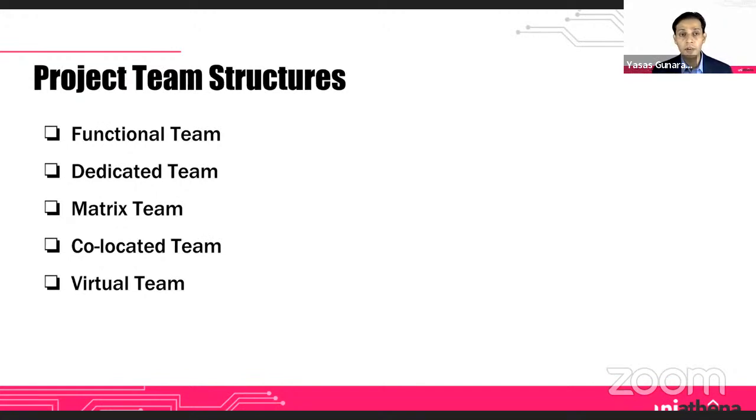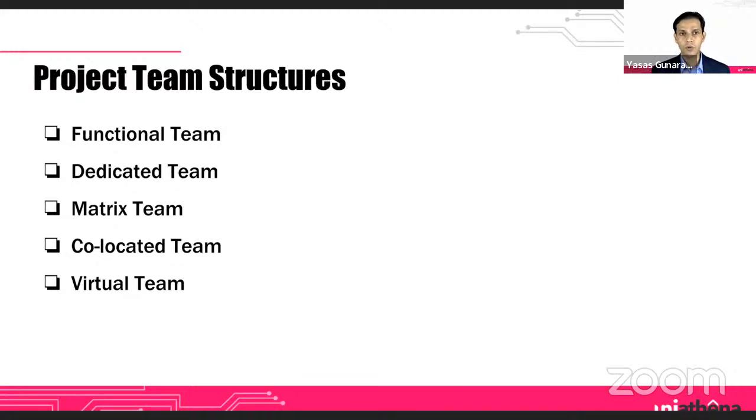For example, you may have a functional team in construction. If it's a construction project, when it comes to structural construction, you may have a functional team who would handle it. Once the structural construction is done, their requirement of being in the project is no more, so they move away.